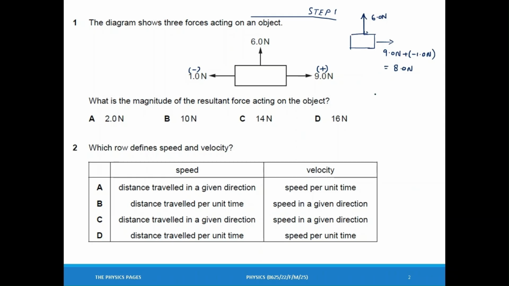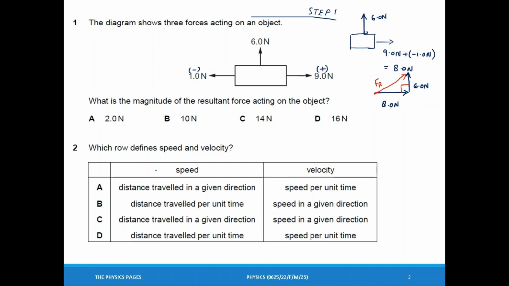If we combine them by the head to tail rule, the 8 Newton force to the right and the 6 Newton force upward, I get this diagram, and their resultant will be from the tail of the first vector to the head of the last vector, and this is the resultant force FR. To find this resultant force, we have a right triangle.